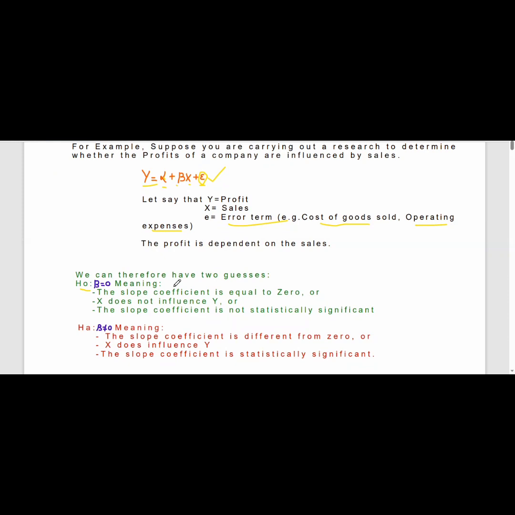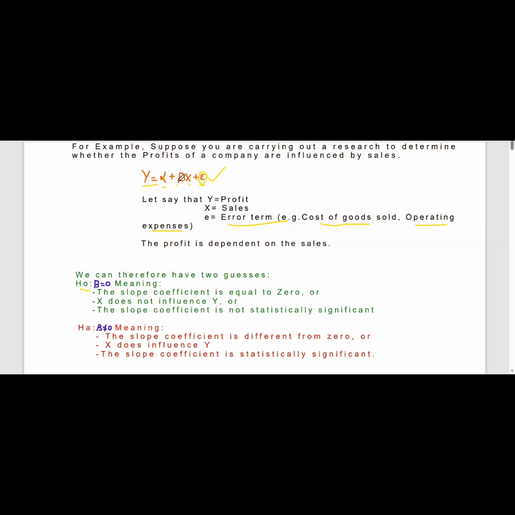If it is equal to 0, we say that X does not influence Y, that is, the sales does not influence the profits.